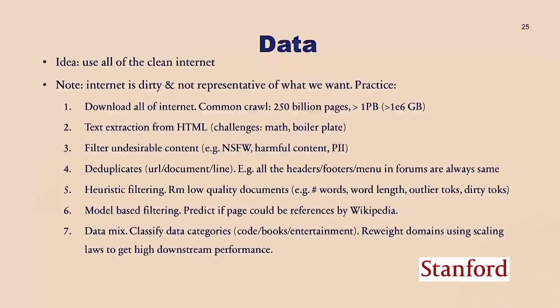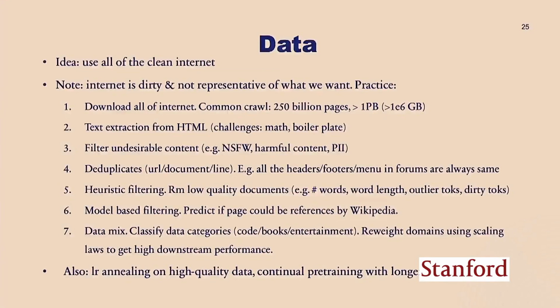If you train your model more on code, it helps reasoning. So you want to upweight the coding distribution because that helps for general language modeling skills. Books is usually also another one that people upweight. Entertainment, they usually downweight. So things like this. Of course, people used to do it maybe heuristically. Now there are entire pipelines that we'll talk about of how to do these things slightly more automatically.